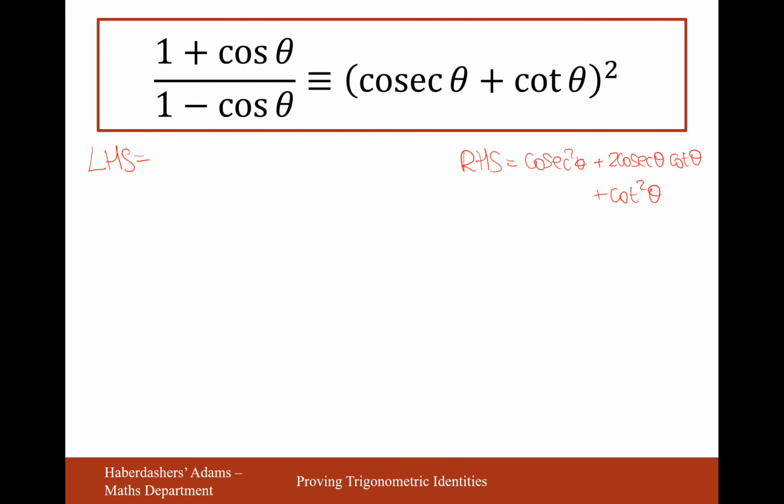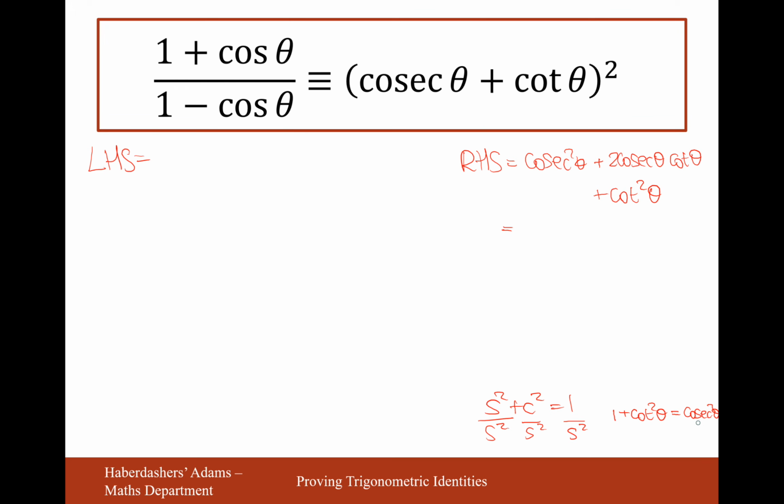Right, so what can I do now then? There is an identity that links cosec squared and cot squared. Let's have a think about what that might be. It's sine squared plus cos squared equals 1. If I divide by sine squared, I get 1 plus cot squared theta equals cosec squared theta.